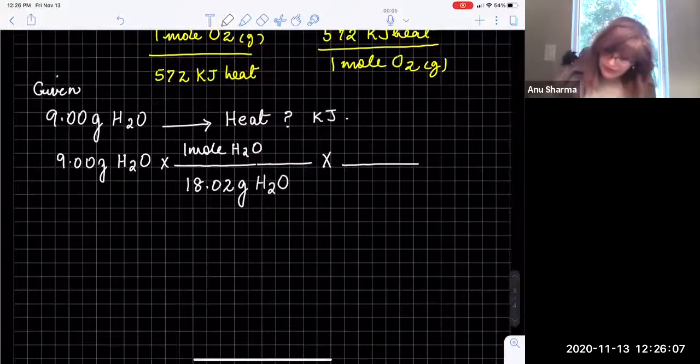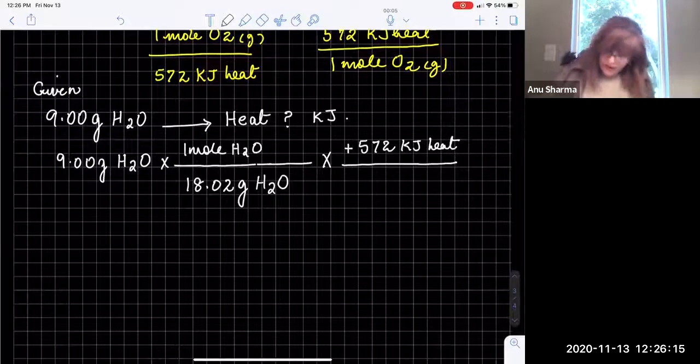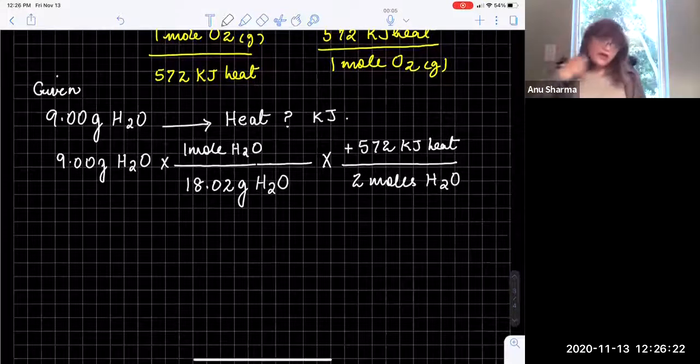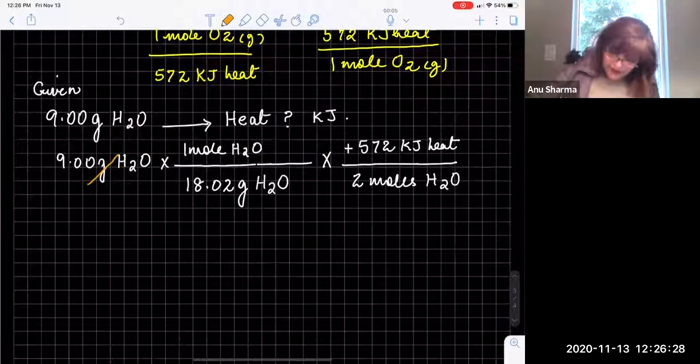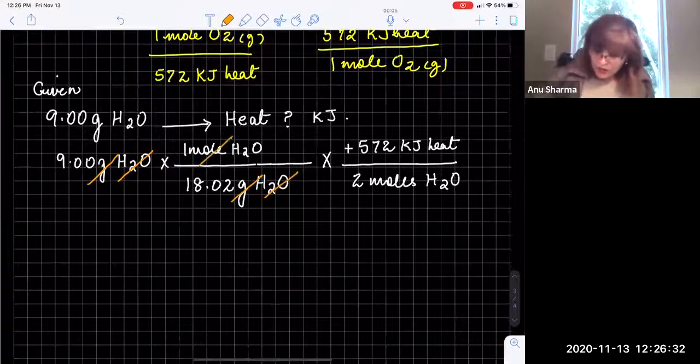So now just write down here positive 572 kilojoules of heat over 2 moles of water. So now what do you have here? The grams of water and grams of water cancel out. Moles of water and moles of water cancel out.